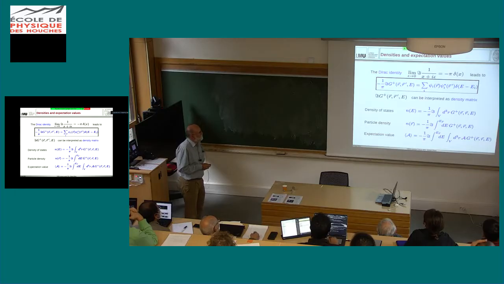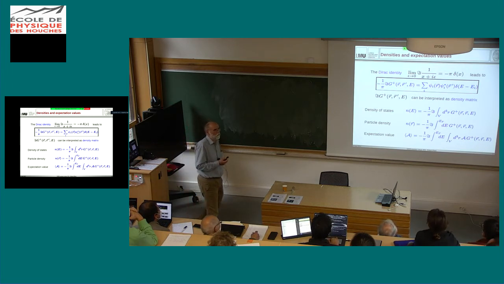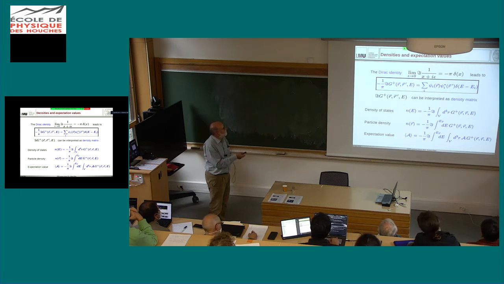Now, from the spectral representation of the Green's function, we can immediately see that we can deduce all the information we want from a solid, based on the Dirac identity that you see written here. We can write down for the Green's function and its imaginary part that simple expression.